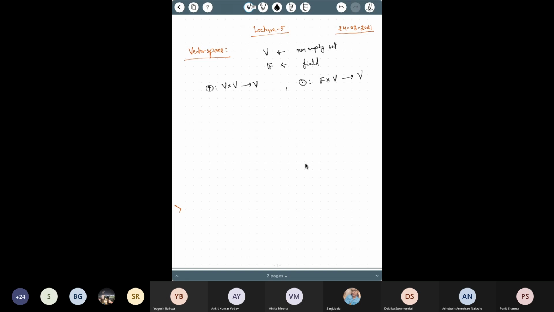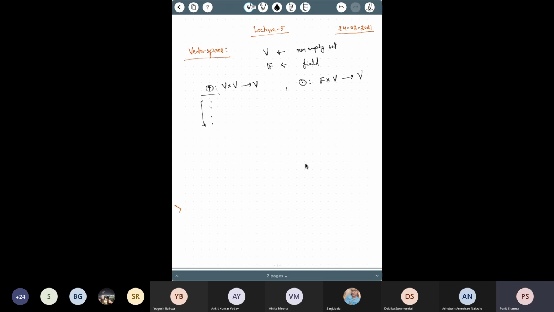Under these operations, V is called a vector space over F if these two operations satisfy certain properties. First, for addition, which is called vector addition, it is commutative, associative, with existence of additive identity and existence of additive inverse. If these four properties are satisfied for addition, and the other four properties for scalar multiplication are also satisfied, then V is called a vector space under these two operations.